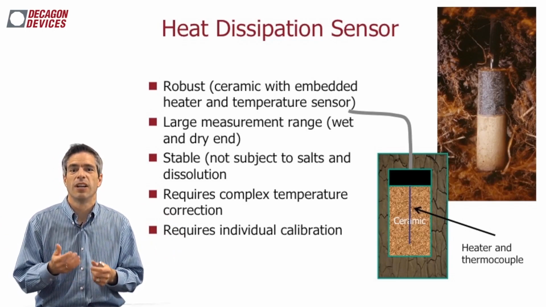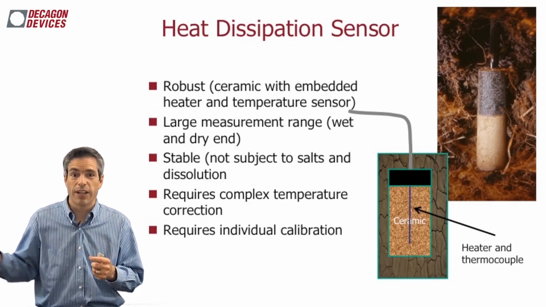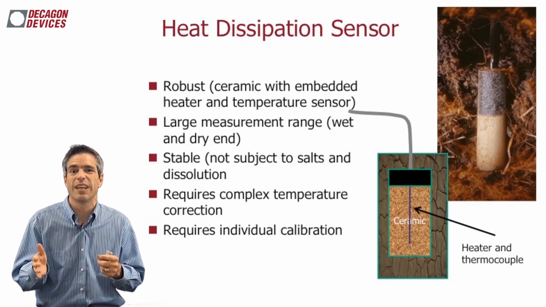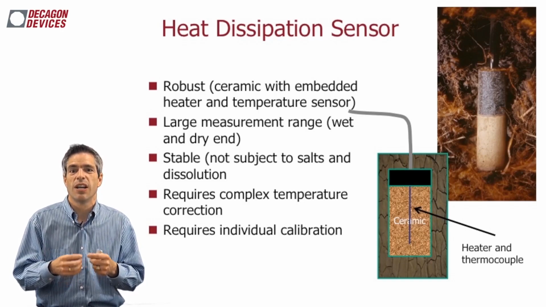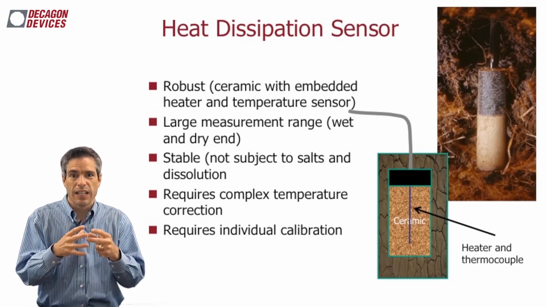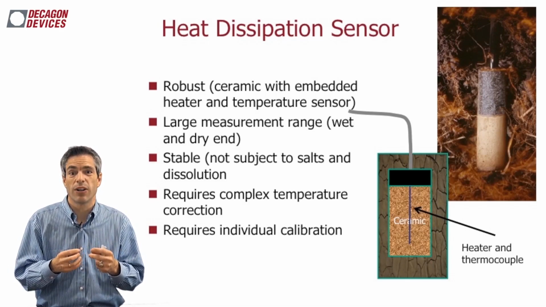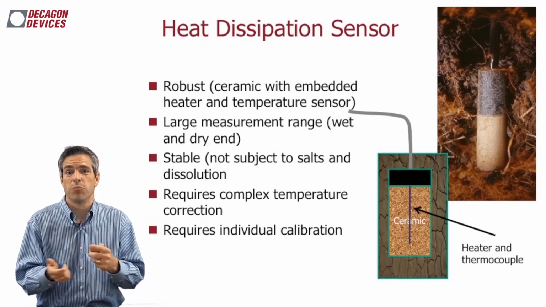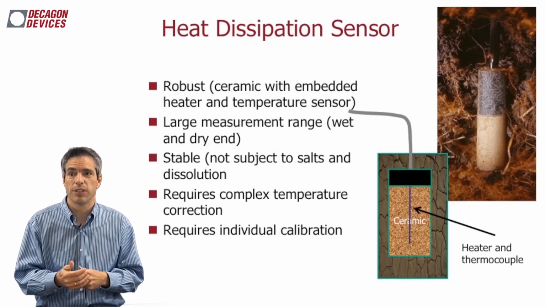And you can see that there. The sensor that I'm showing right here, you have that blue line that you can see, that's essentially the heating needle inside there, and that heat just dissipates into that ceramic. If it gets wetter, the thermal conductivity goes up, and we can make that relationship of water potential.